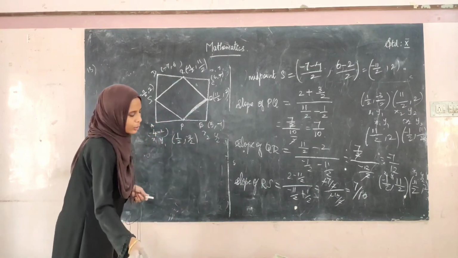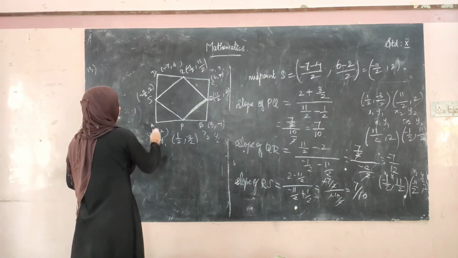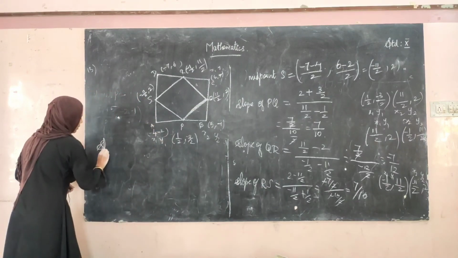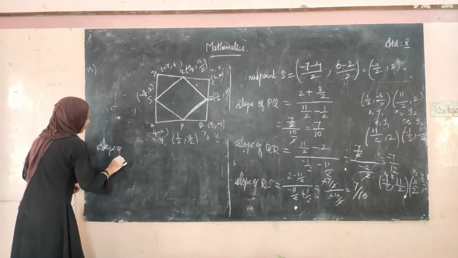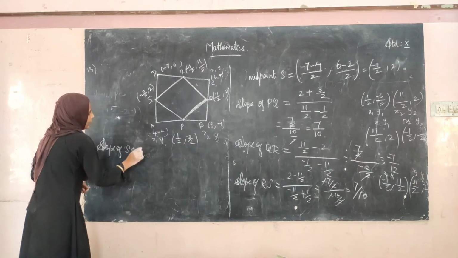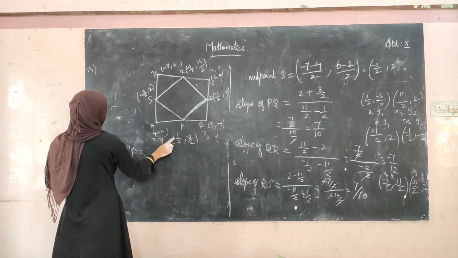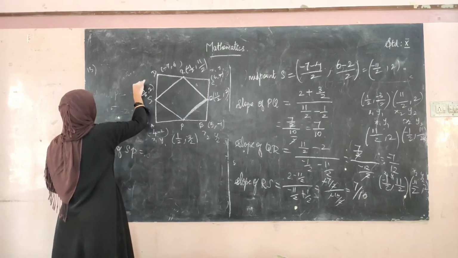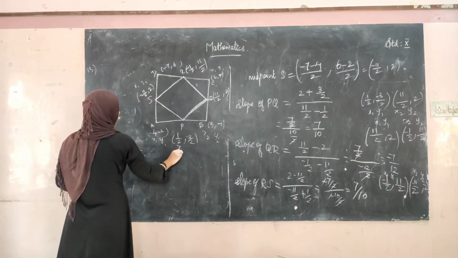After this, another slope we have to find, slope of SP, right? So this point and this point. Let this be x1, y1, x2, y2.